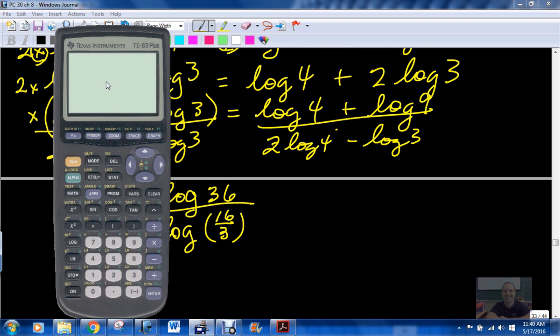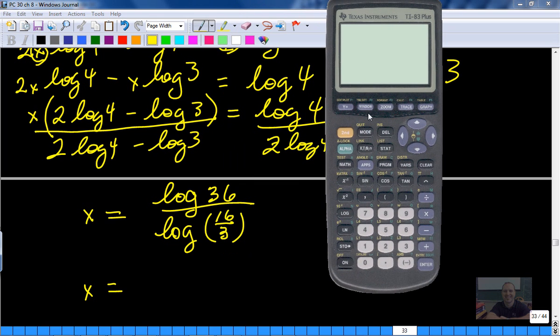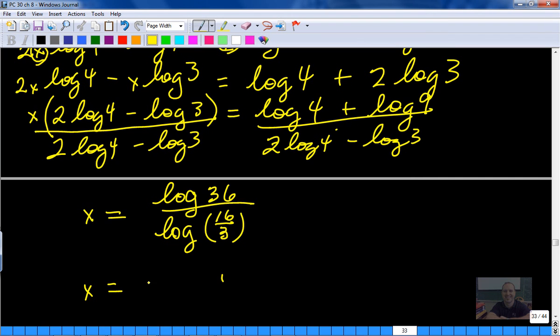And so you can just do that on your calculator to get a decimal answer. Log of 36 is this number, and you can divide that by log of 16 divided by 3 to get the answer of approximately 2.14.